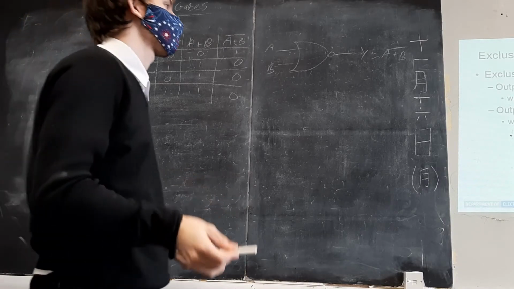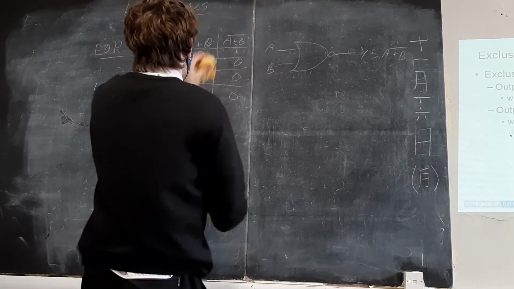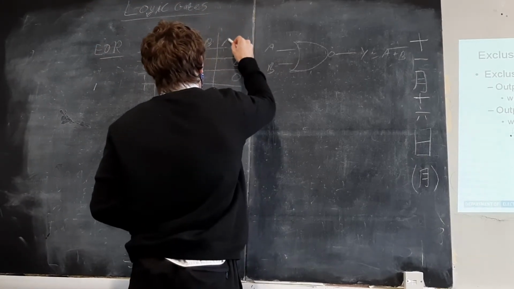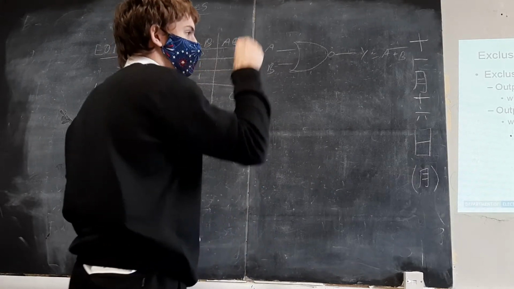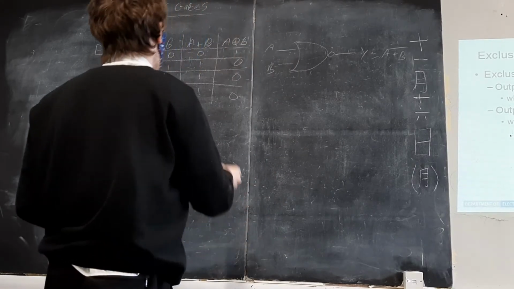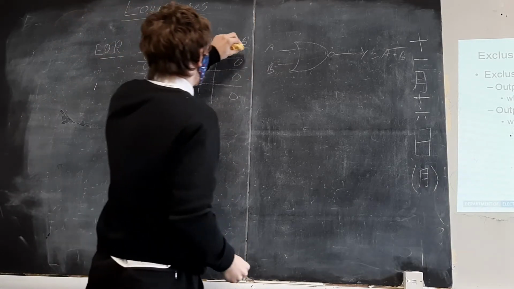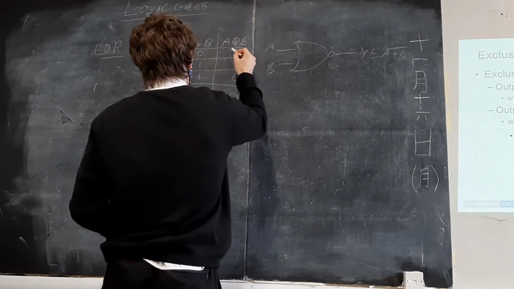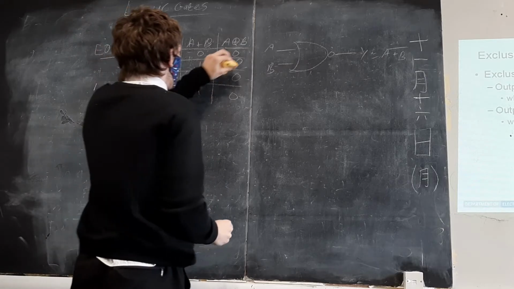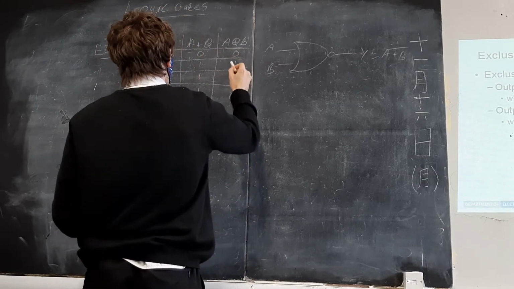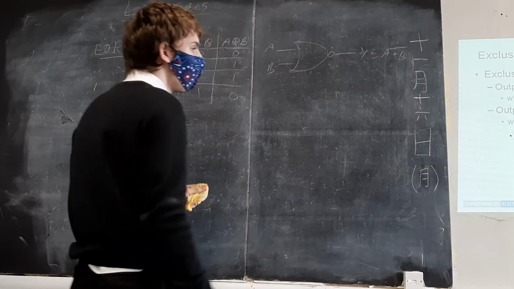EOR, or XOR, or whatever you want to call it, which is slightly more complicated again, where you have the symbol being a kind of circle with an OR through it. You've got 0, 0 equaling 0 in this case. And then 0, 1 is 1, and 1, 0 is also 1.